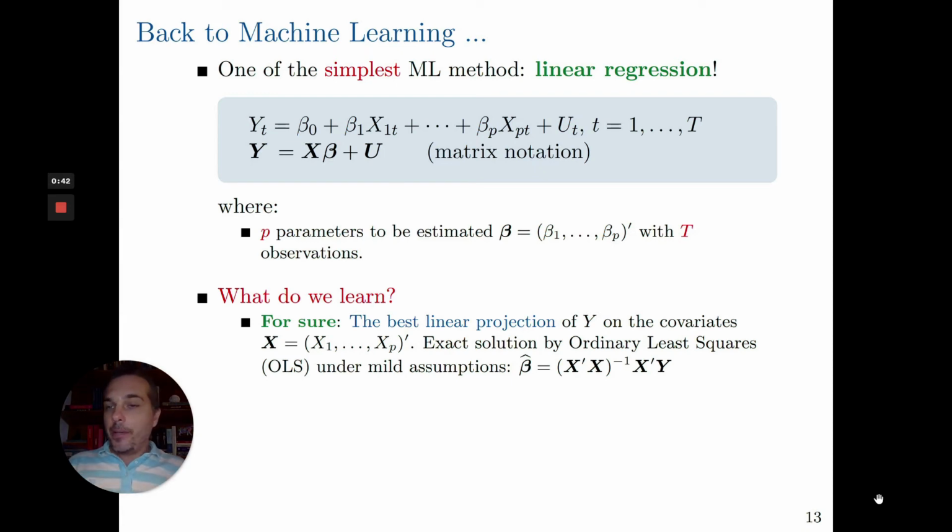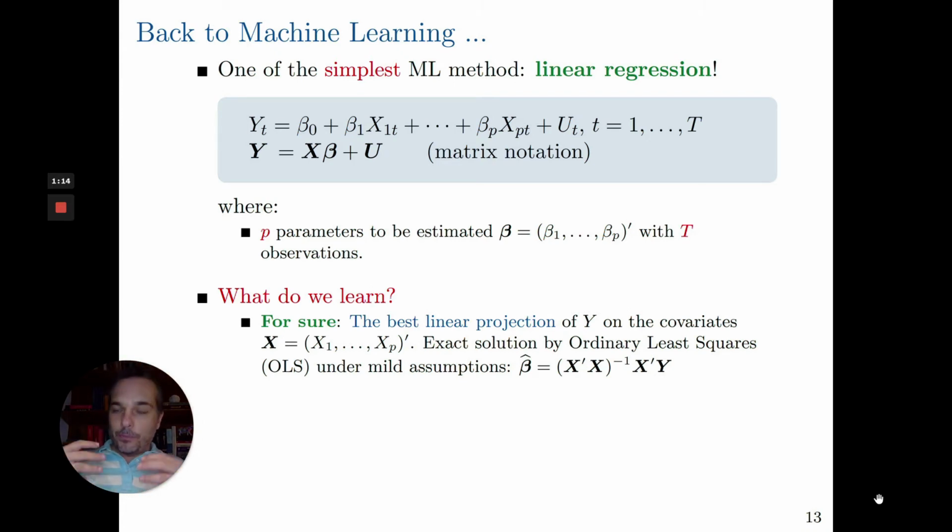Under very mild assumptions, we can come up with an estimator of the parameters beta. So beta hat will be (x prime x) inverse x prime y. So it's really simple to compute. And why is it the best linear projection? I invite you to prove these results. The logic is exactly the same that we use to prove that the conditional expectation is the best predictor in the mean squared error sense.